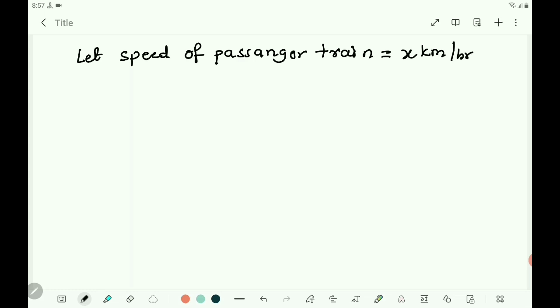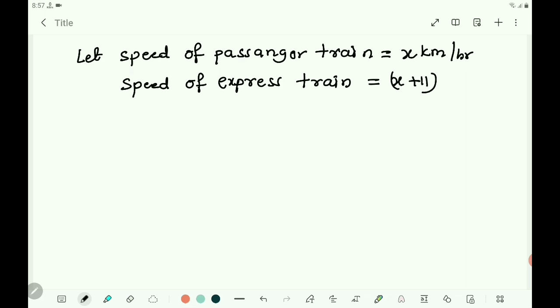Then the speed of express train equals 11 km more than the passenger train, which means it becomes x plus 11 km per hour.